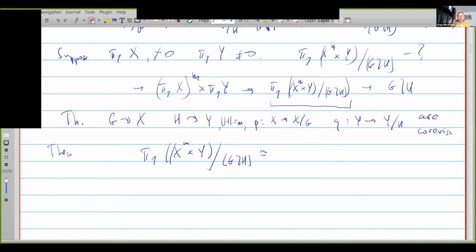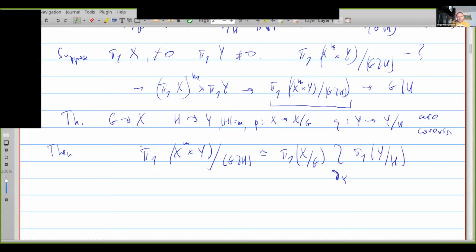It will also be a wreath product, but a special wreath product. Namely, this will be the wreath product of the quotient, here I write, and here I put the boundary on Y, with pi1 of Y/H.